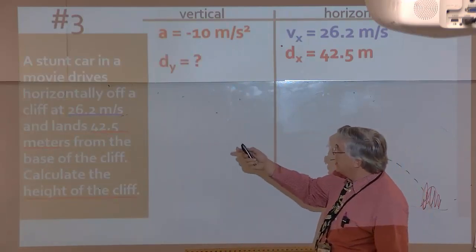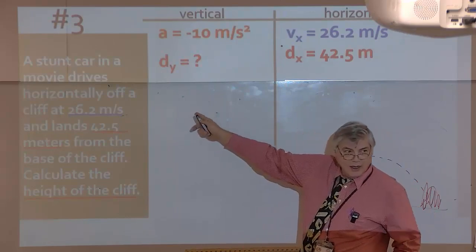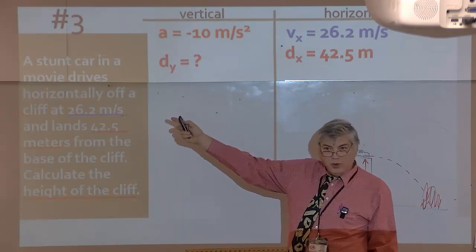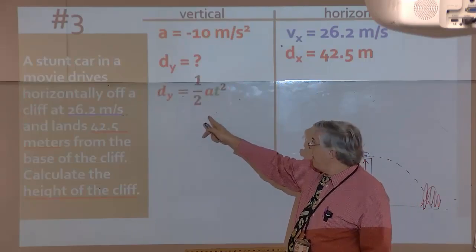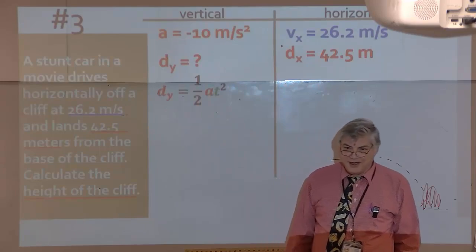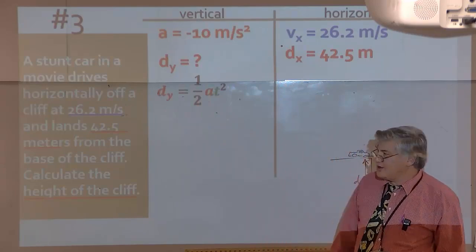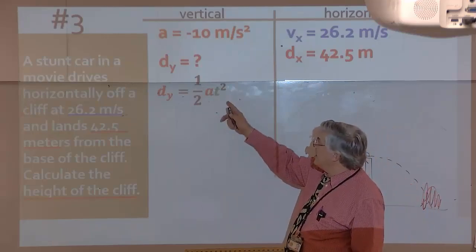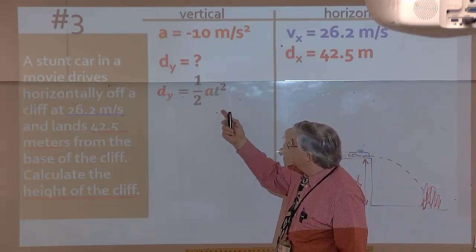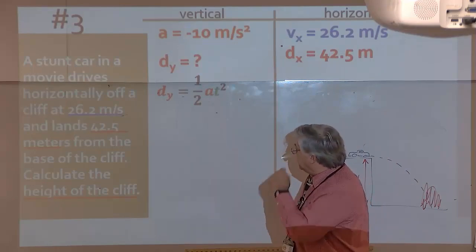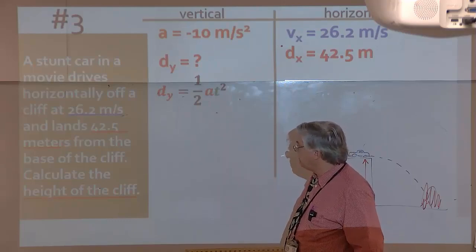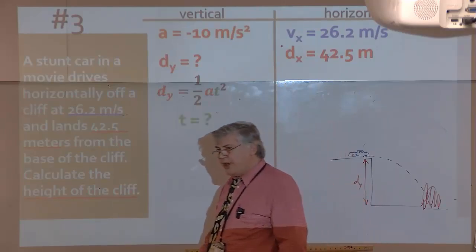So dy. Do we have an equation for dy? We do. Right? Yeah, there you go. 1/2 AT squared. Easy. Right? All we need is substitute in all the stuff that we know, and what happens? What are we missing? Yeah, we're missing time.